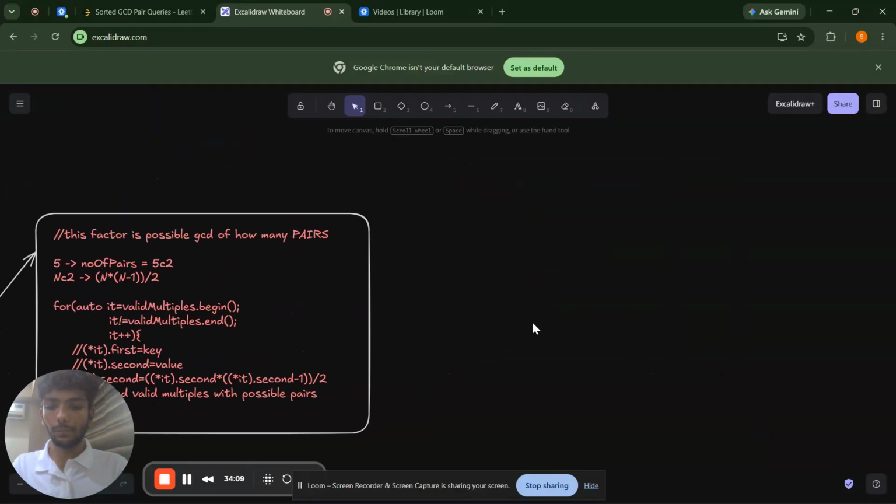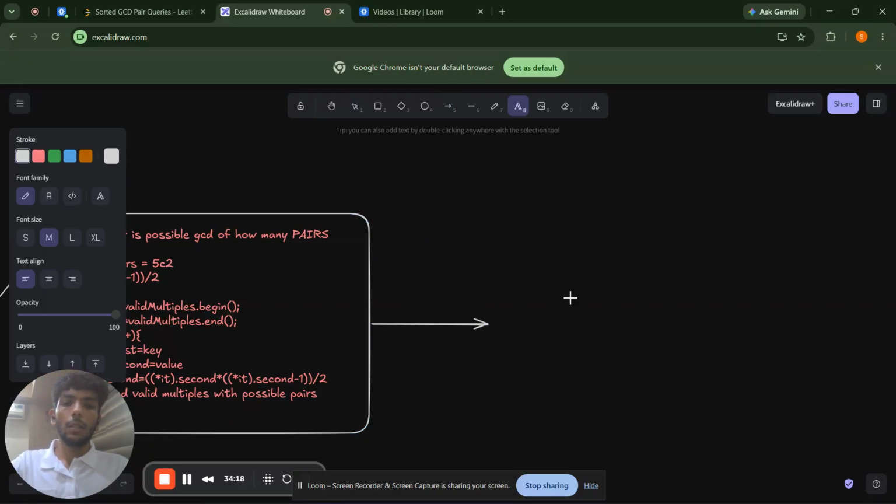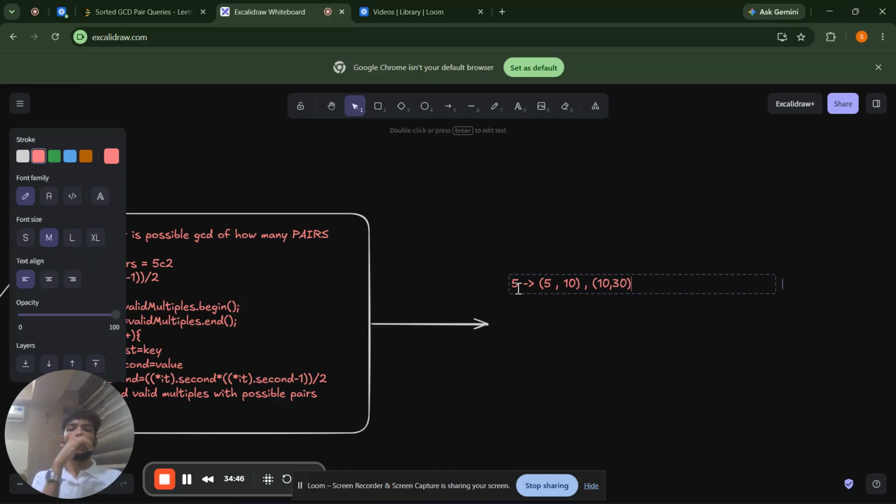Okay, so suppose we are given that 5 is a possible GCD of 5, 10, this pair, and 10 and 30, this pair, and its count is 2.